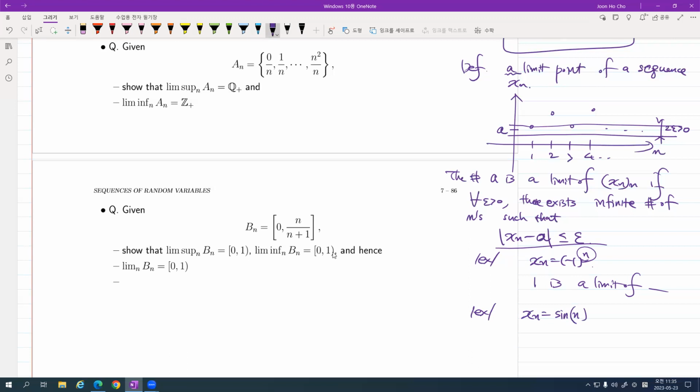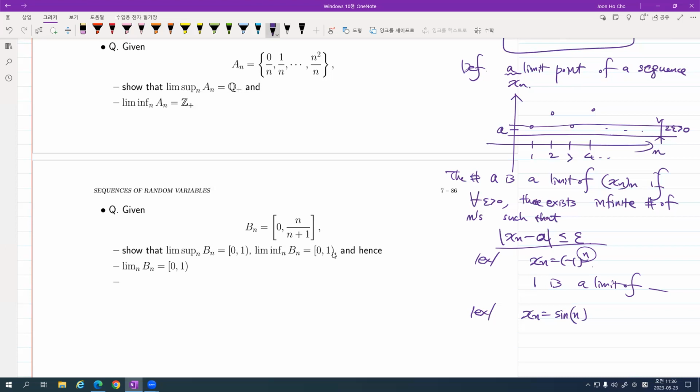You cannot just prove it, but okay, let me draw sin x, right? And I sample at every integer, and it seems that whatever epsilon positive I take, I will eventually find countably infinitely many n's that are within the 2 epsilon bound from 1. So 1 is a limit point. What about -1? For the same reason, -1 is a limit point.